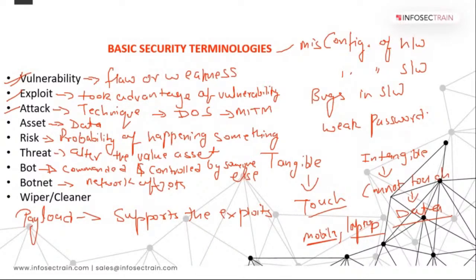Let's say I have 50 devices and I attacked all those 50 devices, and now I am giving instructions to those 50 devices on what to do and what not to do. That is your botnet, a network of bots. All those are commanded and controlled by me. So that is a network of bots.